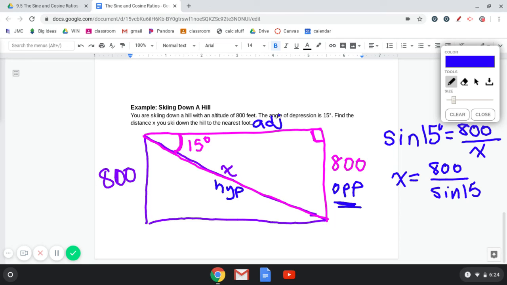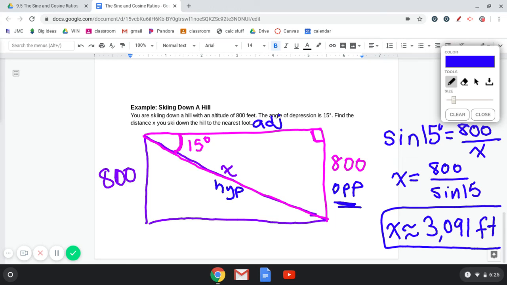So now you can use your calculator. 800 divided by sine of 15. Let's see, x is about, we'll round here, 3,091 feet. So that's about how far we traveled down the hill, with an angle of depression of 15 degrees and an altitude of 800 feet.